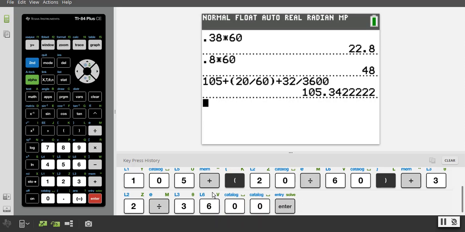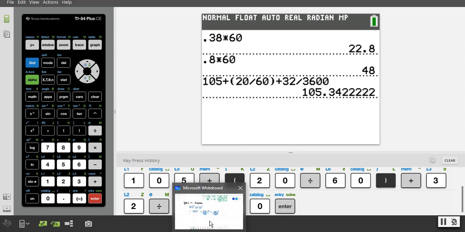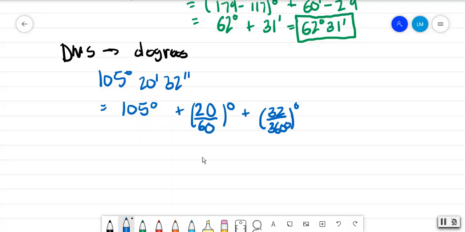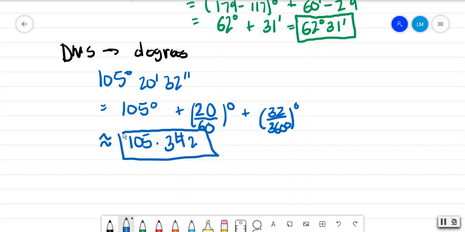In this case, you'll be told when or how to round. Let's just assume it was 3 decimal places, so this is approximately 105.342, and that was in degrees.